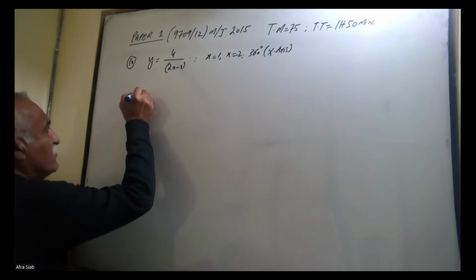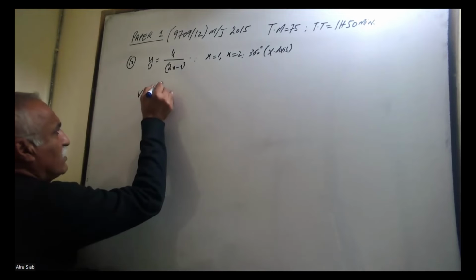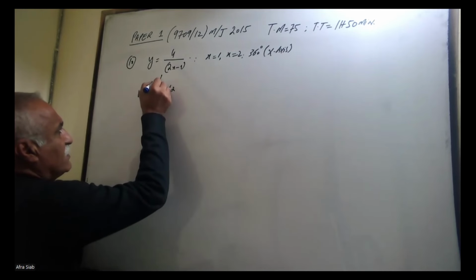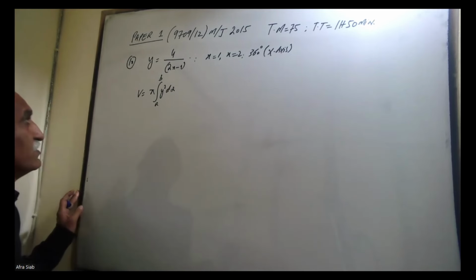We know that the volume formula is pi times the integral of y squared dx, with limits a to b.